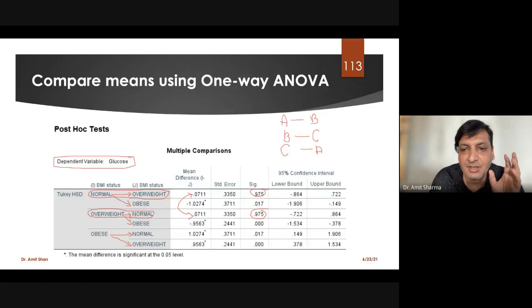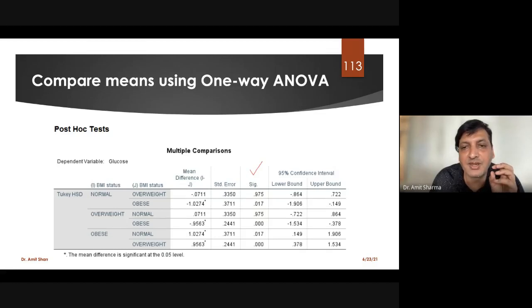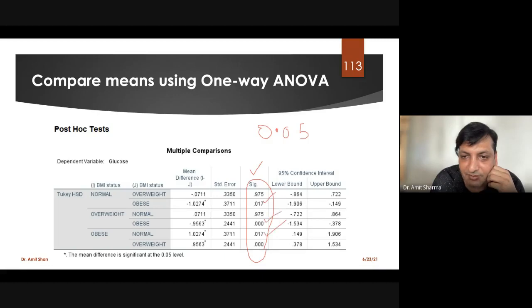What we are trying to find out is the significant value. Here it is the post hoc significant value, not the significant value of the overall ANOVA test. So what we have to see is which value is less than 0.05, and we can see that this value, this value, this value, and this value, these four values, are less than 0.05.